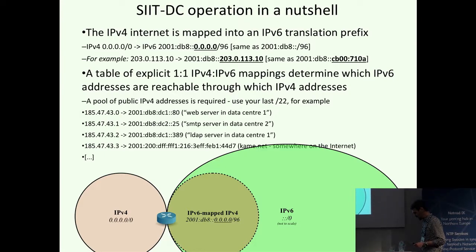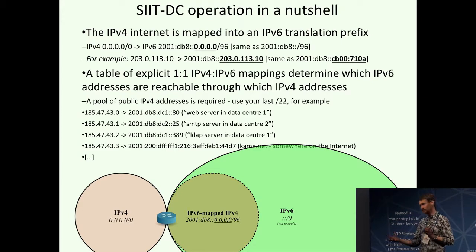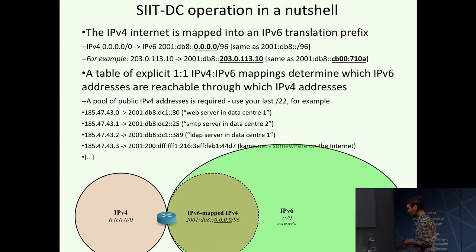Basically, the idea is that you take a /96 prefix. And it's /96 because 96 plus 32, which is the IPv4 address space, equals 128. And then you can take any v4 address that exists, and you can put it after that 96-bit prefix, and you have constructed yourself a v6 address.